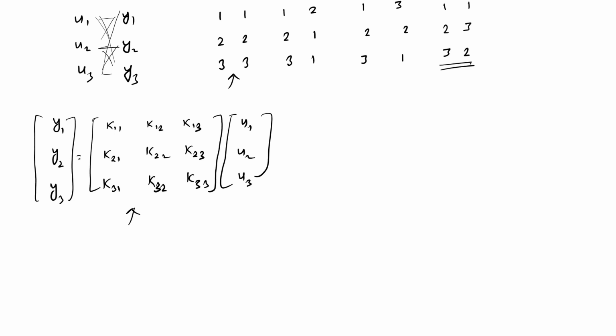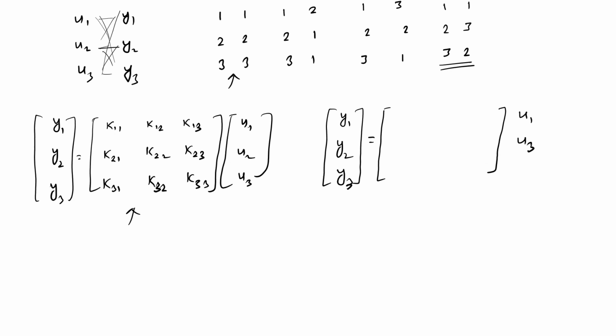In this case, we have y1, y2, and y3 as before, equal to u1, u3, u2. That's the pairing that we are looking at. For this pairing, the first column would remain the same, k11, k21, k31.